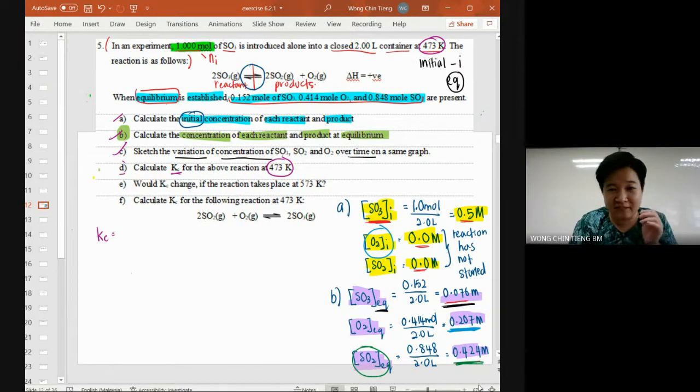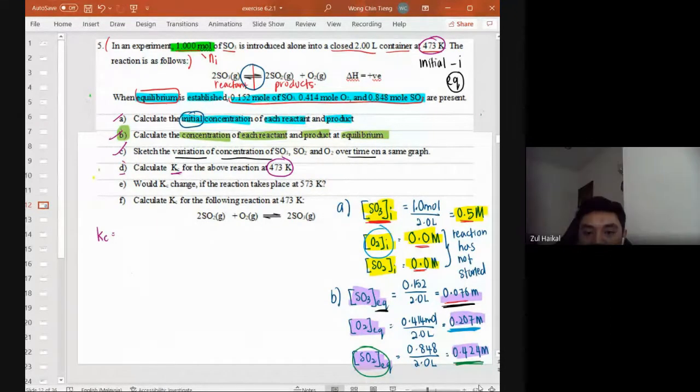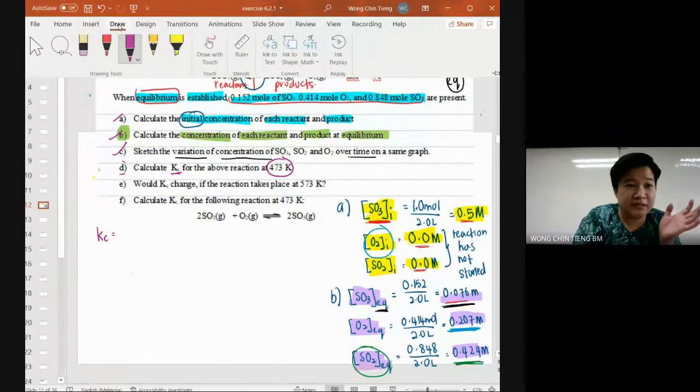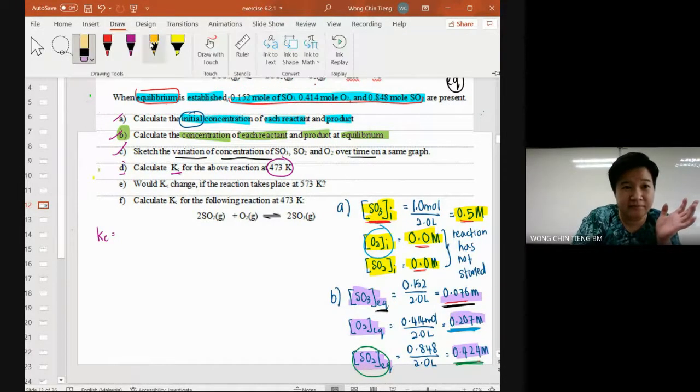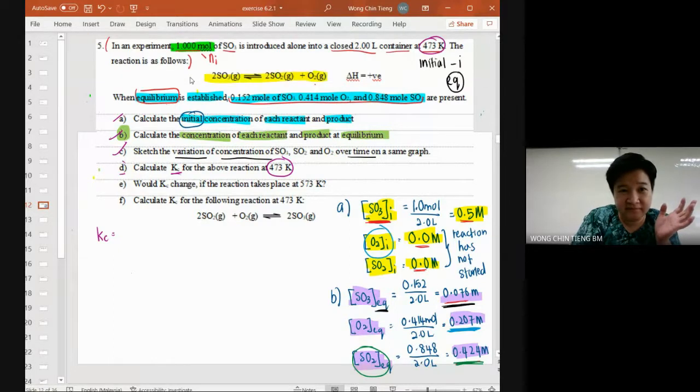Whatever the condition is, I only ask for one thing, Zul. I want the formula of Kc for the reaction above. Calculate macam mana, sat lagi saya ajar. Saya nak Kc untuk soalan ini. That's it.